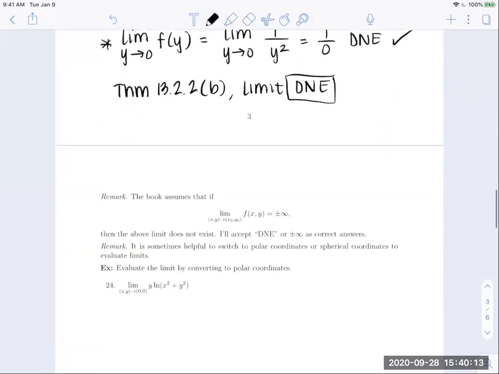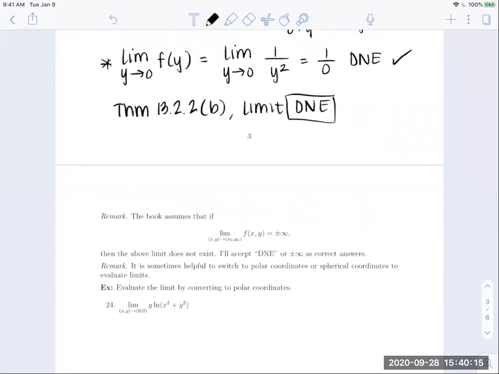All right, just a remark here on this next page. The book has a lot of does not exists in the back. This is because the book is now assuming that if your limiting value is infinite, it's going to say that the limit does not exist. I'm not a big fan of this notation or this approach because earlier in the textbook, when we're in Calc 1 and 2, plus or minus infinity is a very reasonable value for your limit.